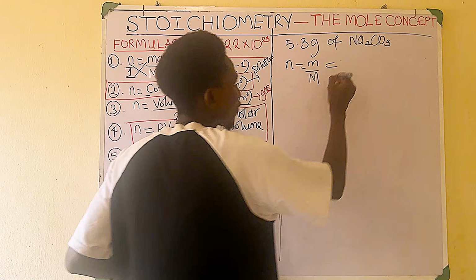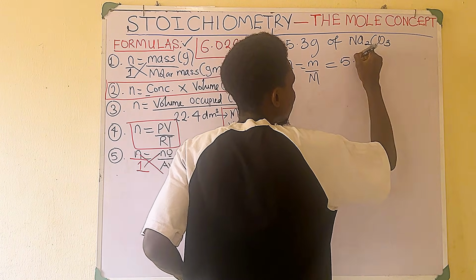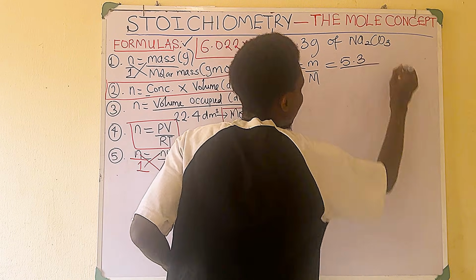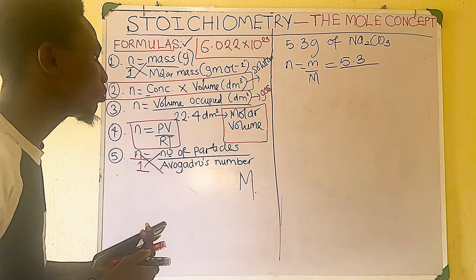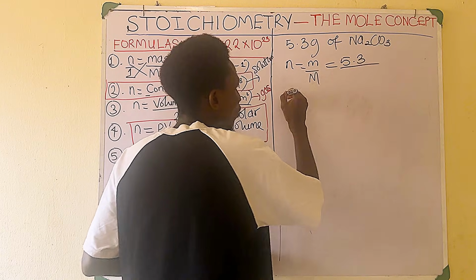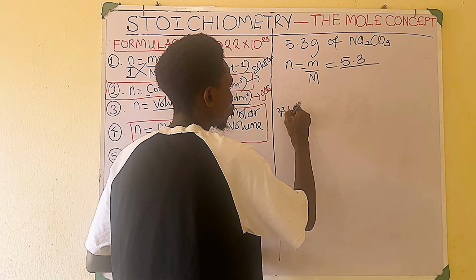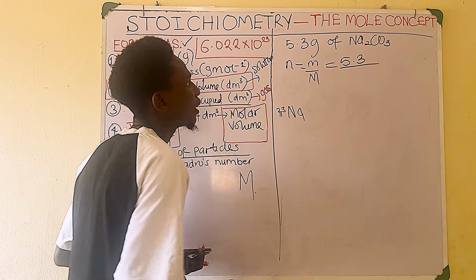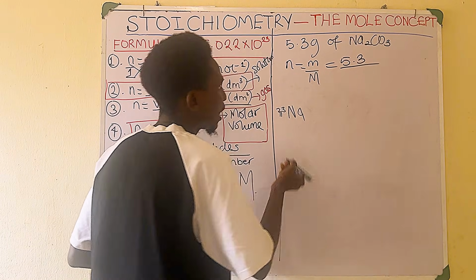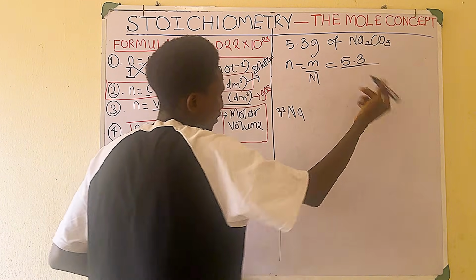So the mass of the compound is 5.3. But the molar mass now, we have to look for the molar mass by ourselves. So sodium is what? I told you guys that sodium is 11 and 23. So it means that sodium is 23, and I've been doing carbon and oxygen ever since.